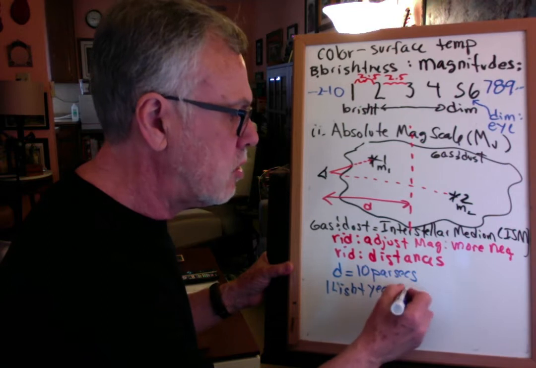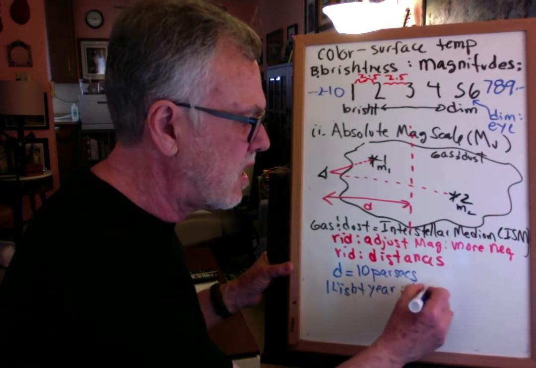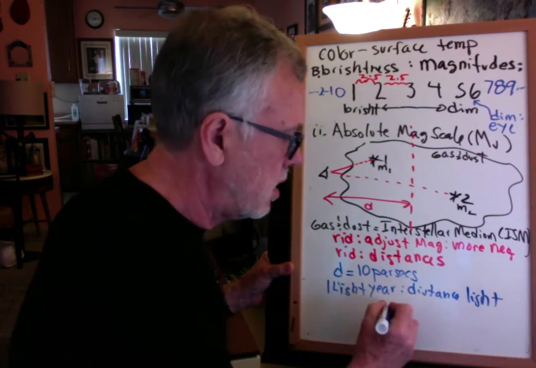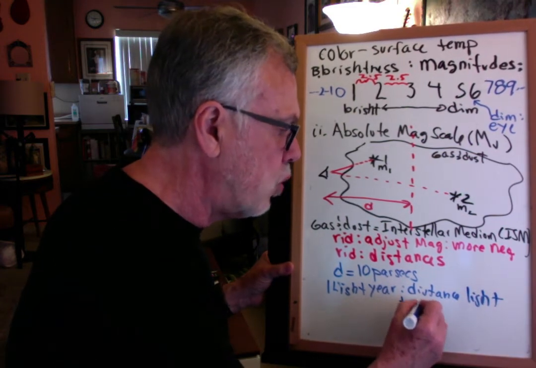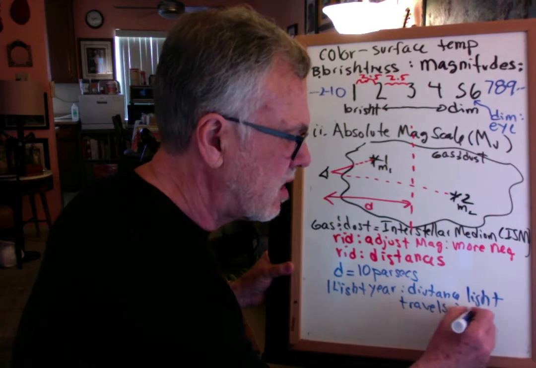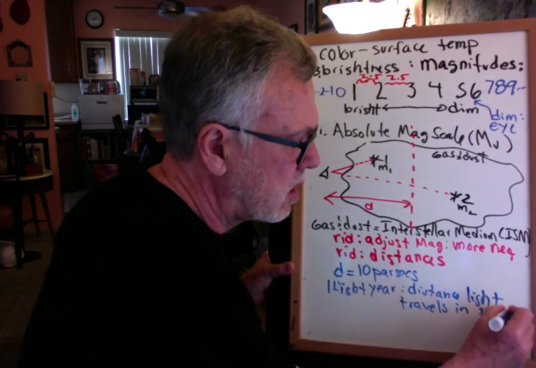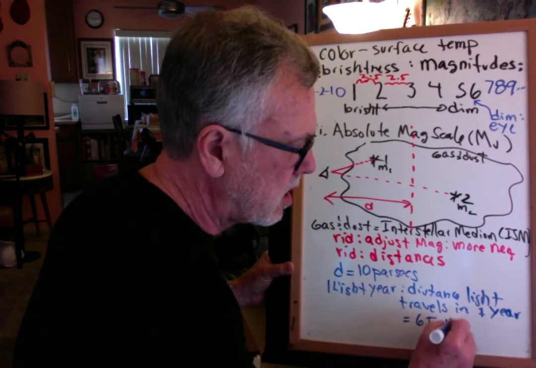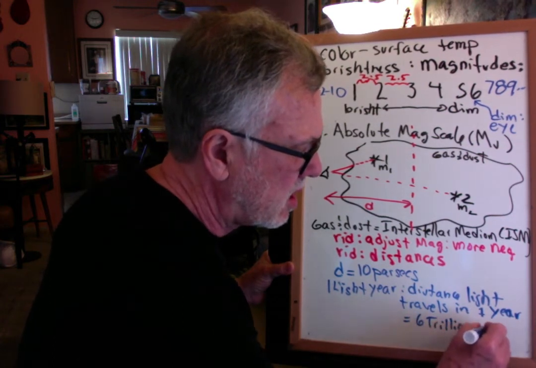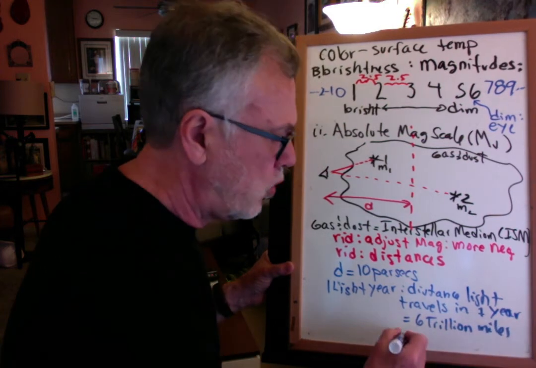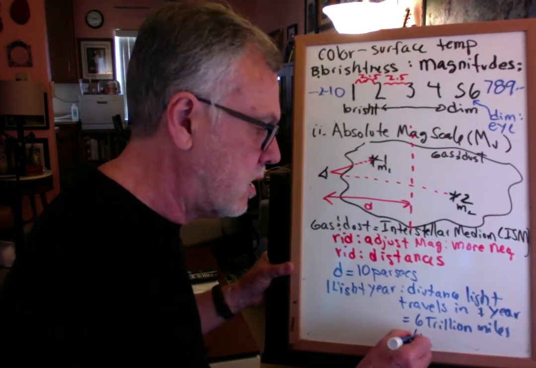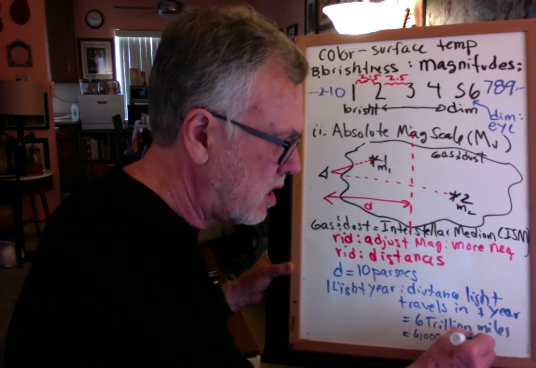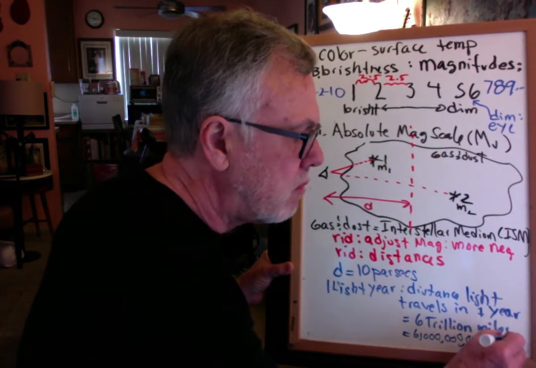And what that is, it turns out to be the distance light travels in 1 year, which turns out to be about 6 trillion miles. Which is, just so you write it, 6,000 million billion trillion miles.